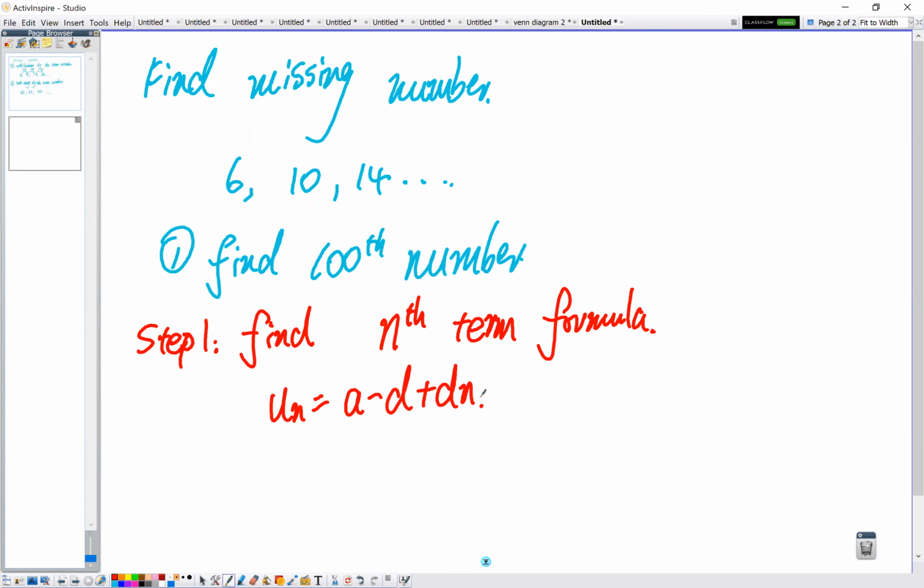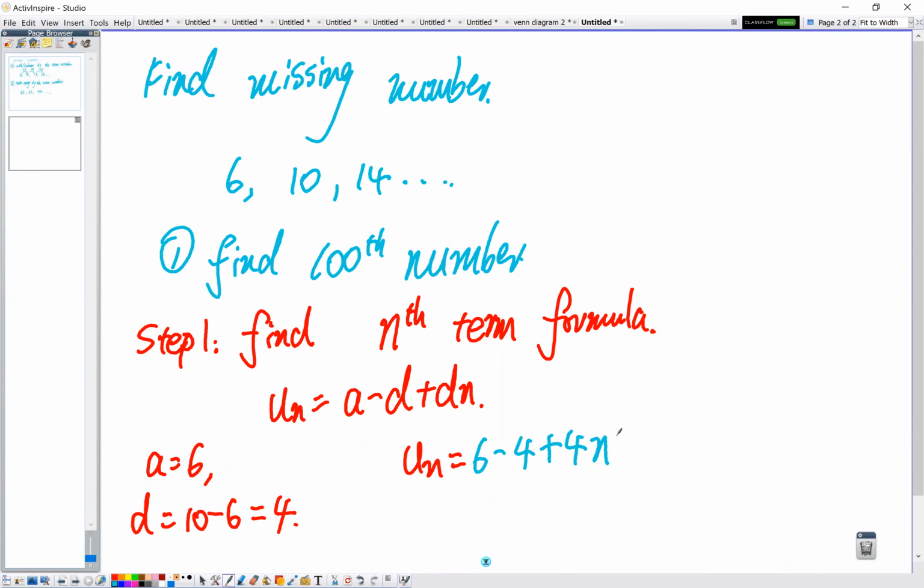A is the first number, which is 6. D is the difference, which is 10 take away 6, so it becomes 4. So Un is A minus D plus Dn, which gives 6 take away 4 plus 4n. 6 minus 4 is 2, so 2 plus 4n. This is the nth term formula.